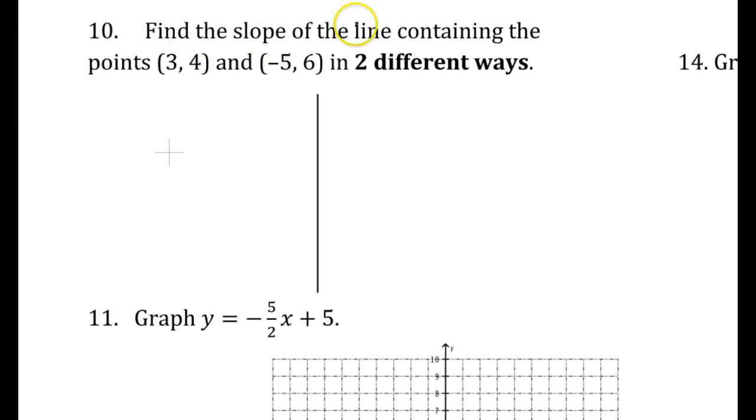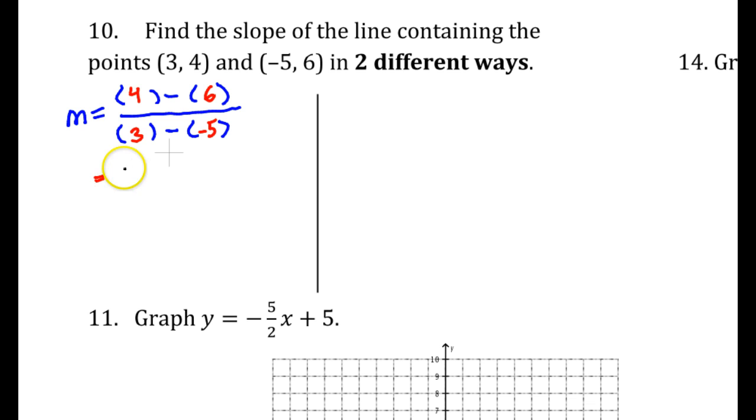Okay, 10. Find the slope 2 different ways. Many of you said, well, I know this method. Okay, that's good. Some people drew a graph. That's good too. You just count the rise and run. But any way that you can indicate the answer would be probably correct.